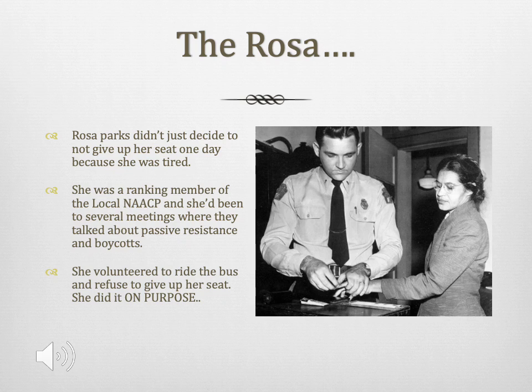Therefore, it is okay if they stand while a white man sits. So that's part of the thing about the buses. It's not just that they were segregated, it's that there was a racial sexist thing going on there.